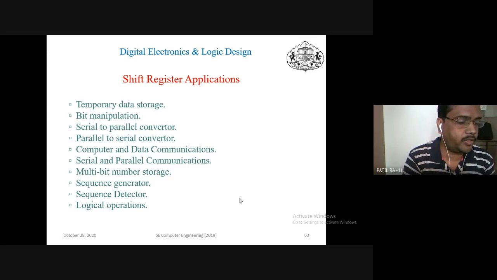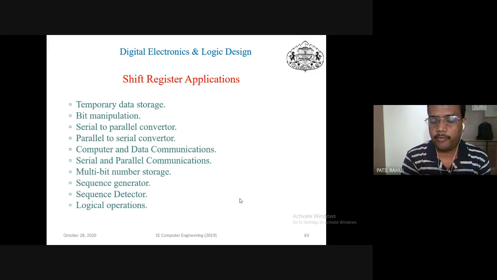Through the keyboard you provide the input to the computer. This is your external device. In this way, for computer and data communication, you are using shift registers.